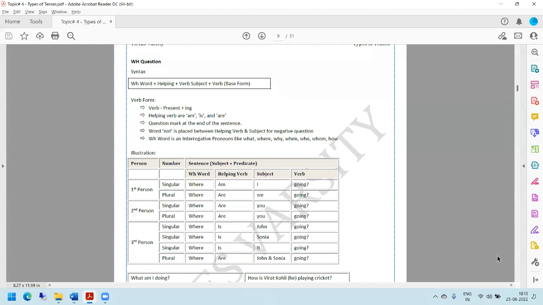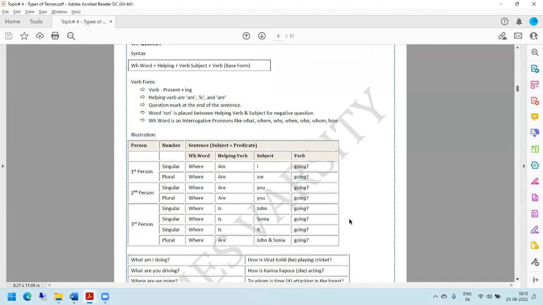I will correct this. So we will see a WH question like: Where am I going? This "am" should also be small. I have written it capital, so I will correct it.